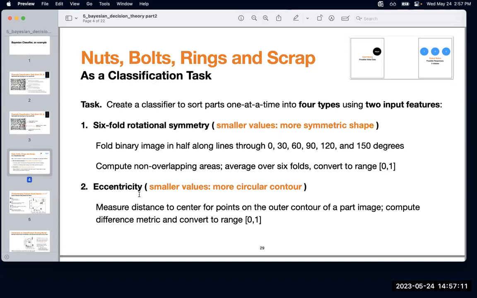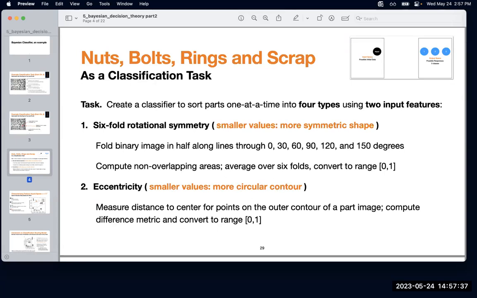The eccentricity is an idea of how different from a circular shape you would have. So if you have smaller values, you would essentially have a more circular contour.